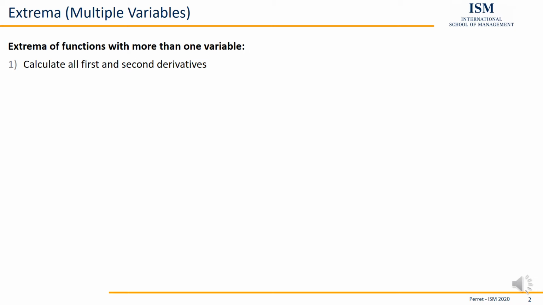So if, for example, we have a function with just two variables, we have two first derivatives and four second derivatives. Then, similarly to what we did when we worked with just one variable, we set all first derivatives equal to 0, solve this resulting system of equations, and get all possible extrema.